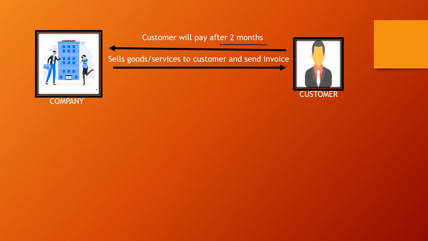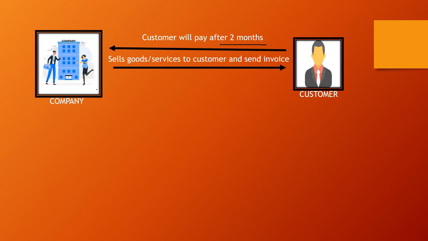If the company borrows the money from the bank, the company has to pay interest on that money. That will increase the cost for the company, and if the cost increases, the profit for the company will decrease. Now the problem is what to do, because the company does not want to lose the order either. The company wants to fulfill the demand for that order.